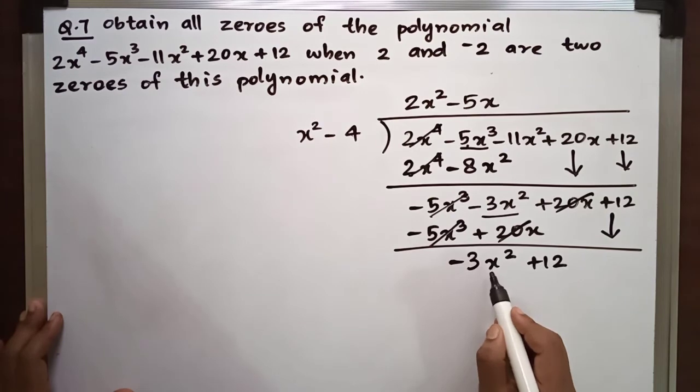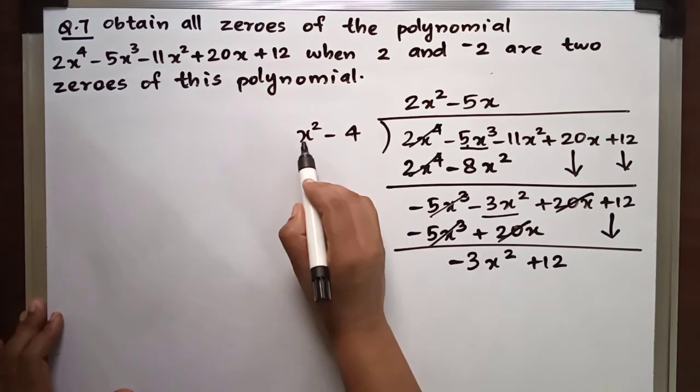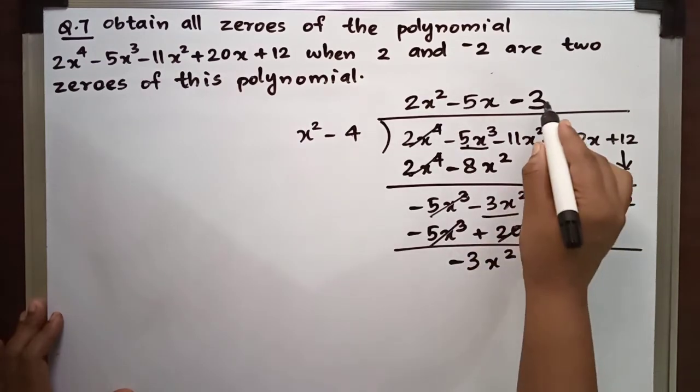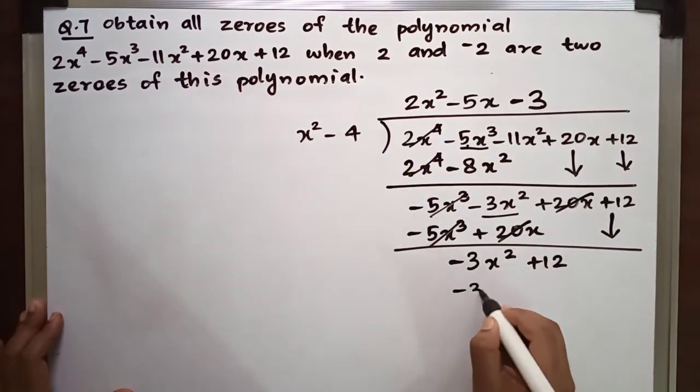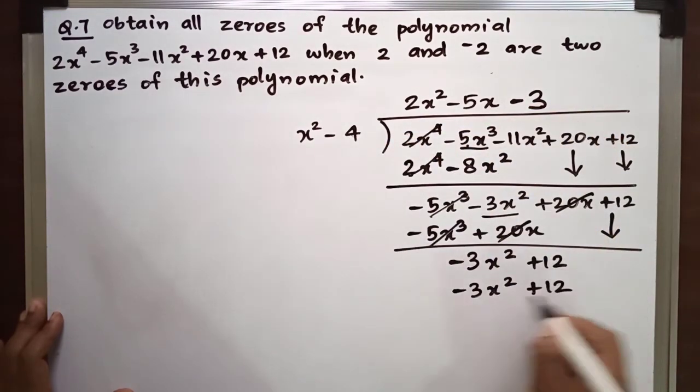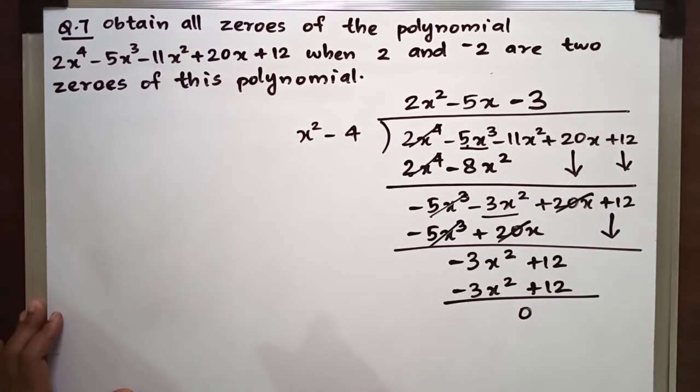Here we have minus 3x square and here we have x square, so we have to multiply by minus 3. Minus 3 into x square is minus 3x square. Minus 3 into minus 4 is plus 12. So the remainder is 0.